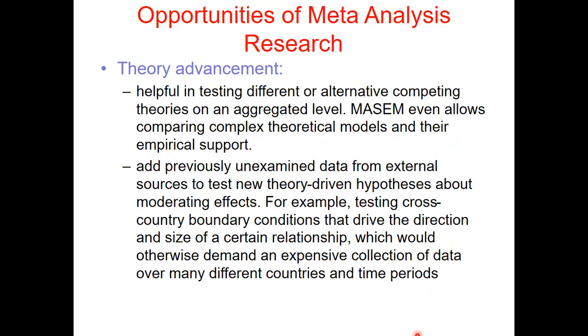So, for example, meta-analysis of structural equation modeling will allow comparing complex theoretical models, et cetera, but even univariate meta-analysis and meta-regressions can be designed to take care of heterogeneities and variations, which can be argued for theory advancements.